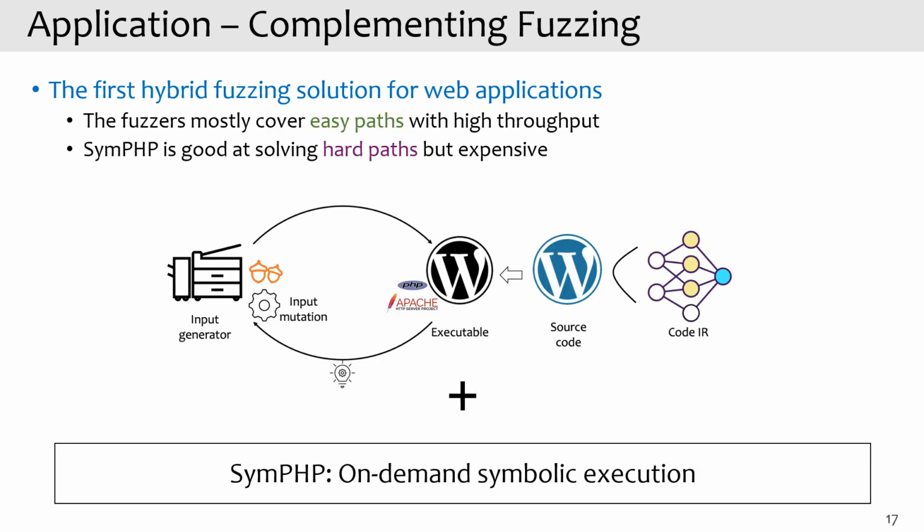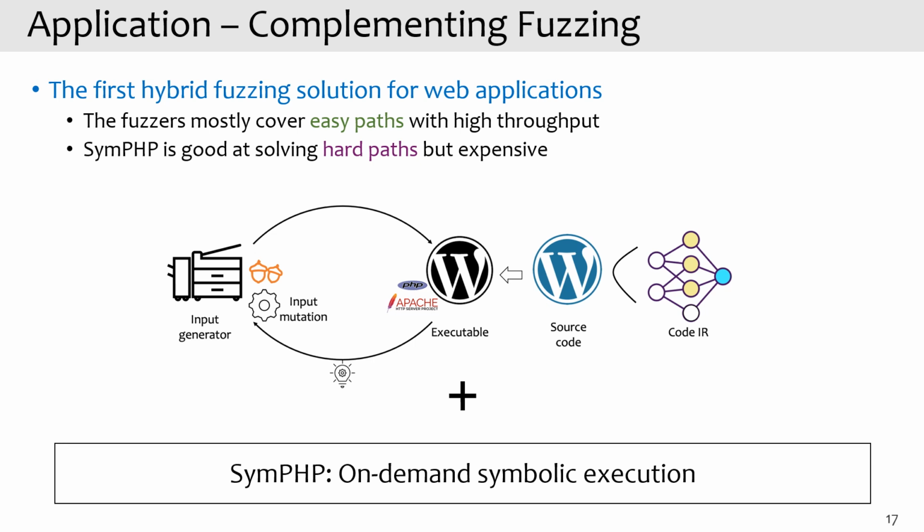On the other side, we show SymPHP can be used to complement fuzz testing in a hybrid fuzzing framework. We integrate SymPHP with a state-of-the-art fuzzing approach into a hybrid fuzzing approach. We leverage the fuzzer to handle the easy paths with very high throughput.